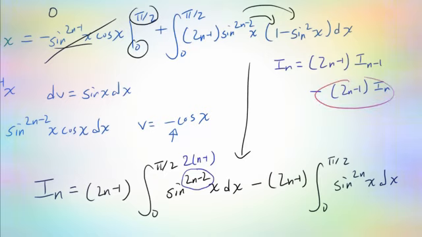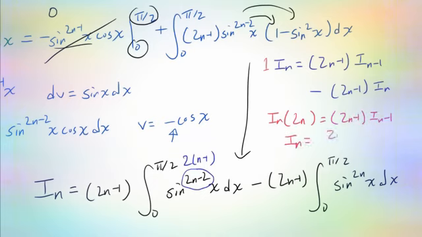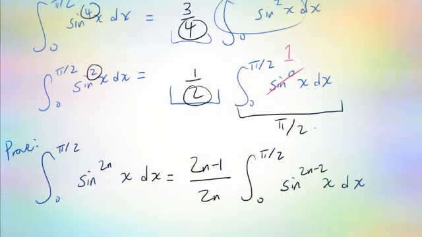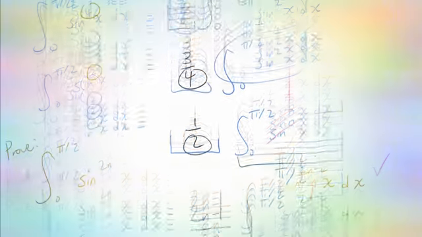Moving this over to the left side, we get that I sub n times, that's 1 times I sub n, so 1 plus 2n minus 1 is going to be 2n, is equal to 2n minus 1 times I sub n minus 1, which gets us that I sub n is 2n minus 1 over 2n times I sub n minus 1, and that's exactly what we wanted to prove, 2n minus 1 over 2n of the integral of the even number right below it. So we have proven our assumption.